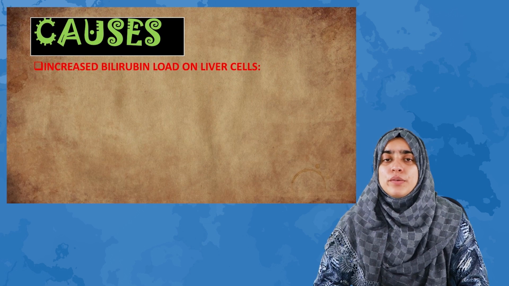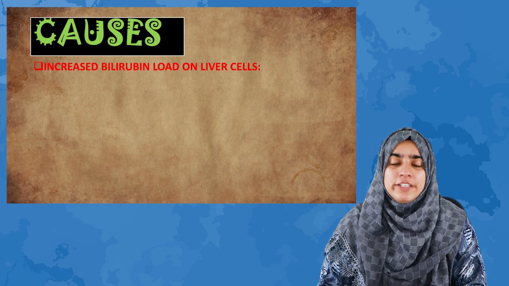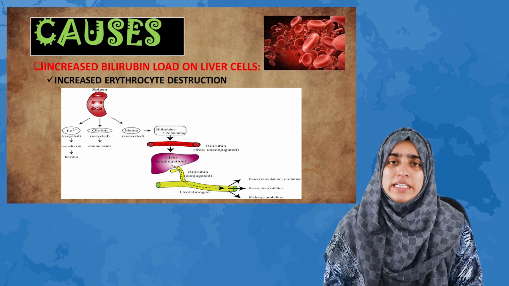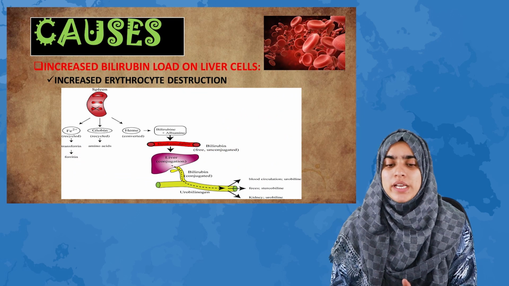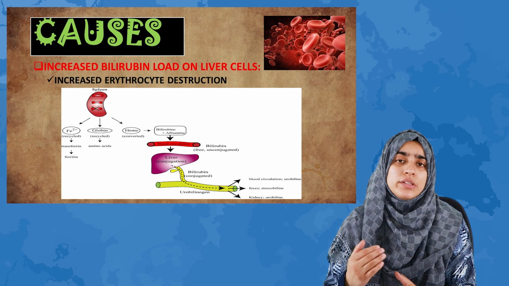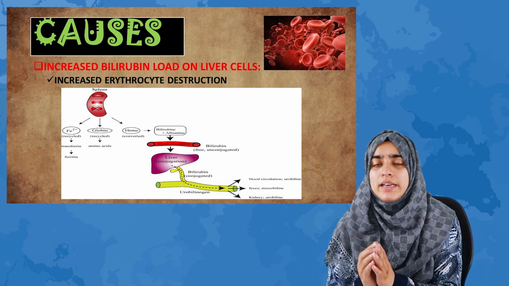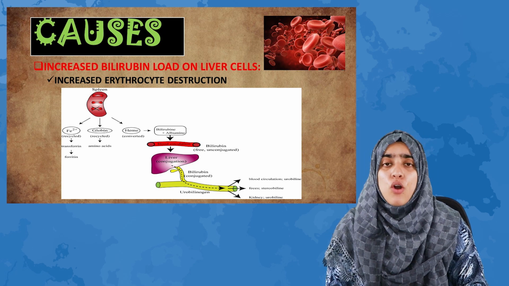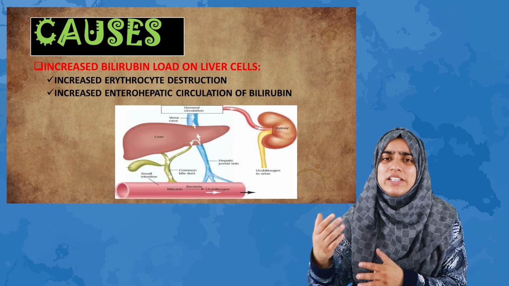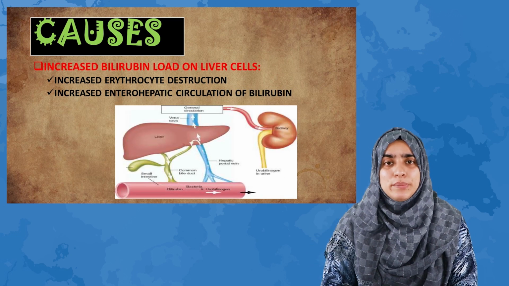If the load of bilirubin over the liver cells is increased, there can be increased destruction of erythrocytes, due to their shorter lifespan of only 90 days. Another cause is increased enterohepatic circulation of bilirubin.